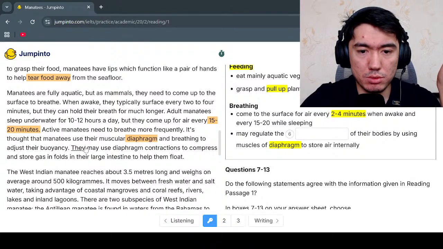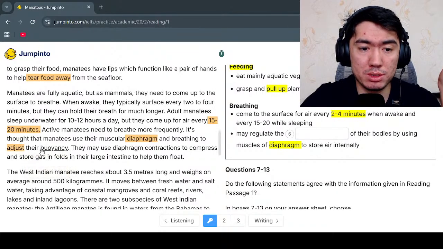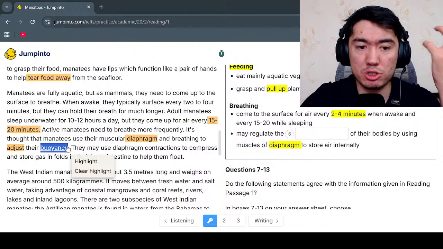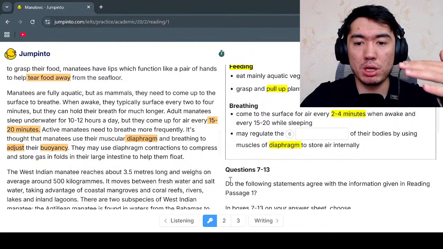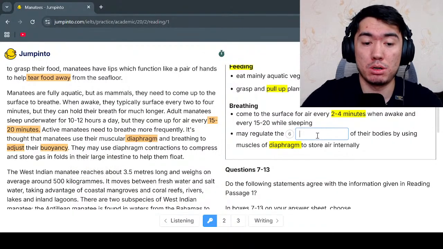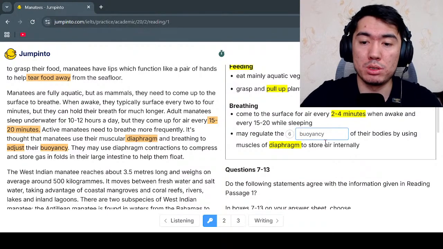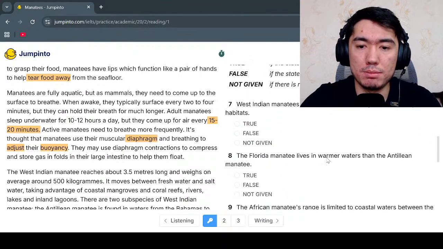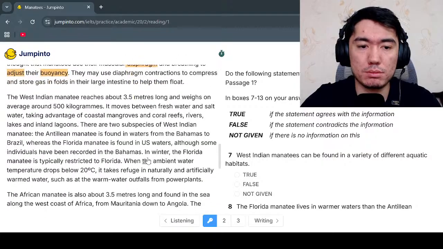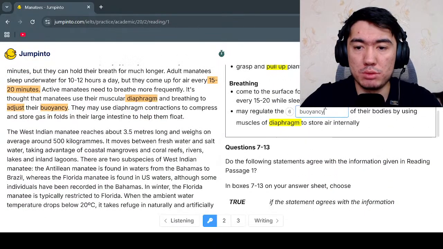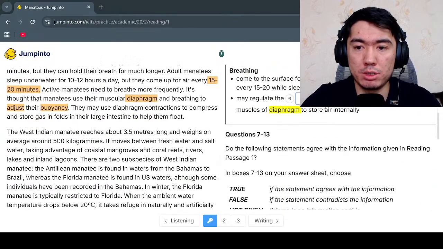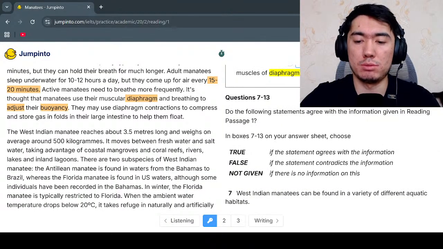Yeah, so adjust means regulate, and that's the answer. I happen to know what buoyancy means. It means like control, floating in water. That's your buoyancy. All right, we move. So done with gap filling questions. It was very smooth, I think.